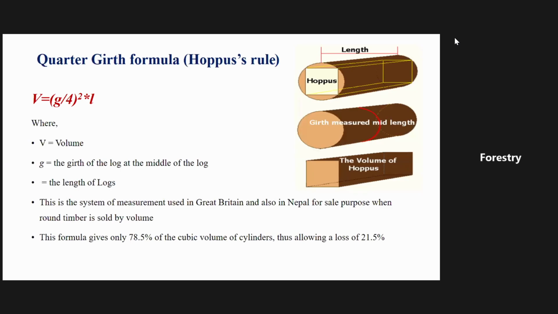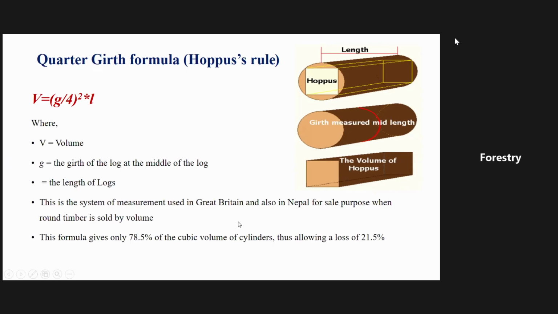Another important formula mainly used to calculate the volume of the log is the Hoppus formula, commonly known as the quarter-girth formula. The formula is V = (G/4)² × L. Here G is the girth of the log at the middle, and L is the length of the log. This system of measurement is used mainly in Great Britain and also in Nepal for sale purposes, when round timber is sold by volume.